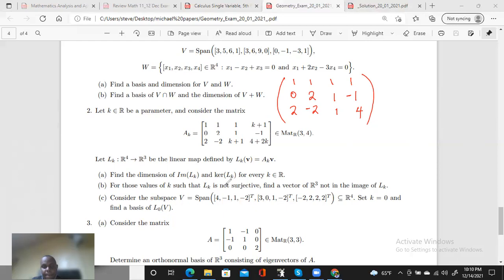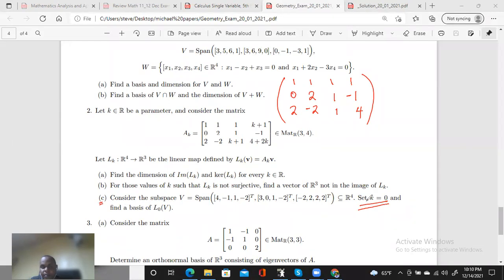I'm a bit confused what you just did. I said k equals 0. K equals 0. Yeah. Then yes, should be correct.